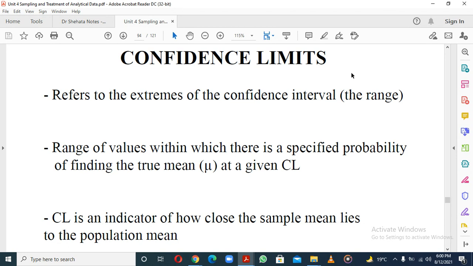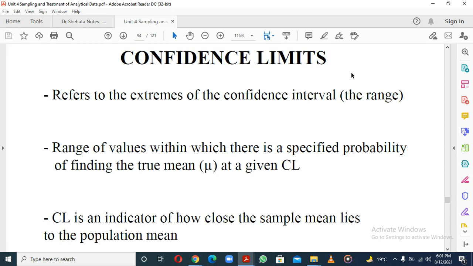Those extremes of the confidence interval, you could call those my confidence limits, meaning that I'm very certain that it's not below 89, it's not above 90, but it's within this particular range. This is the range of values within which there is a specified probability of finding the true mean, which is the mu, at a given confidence limit.